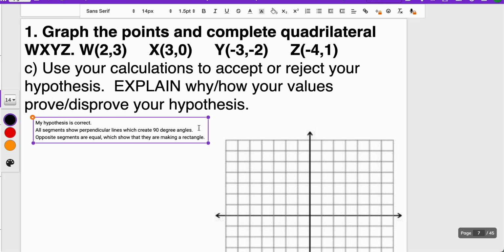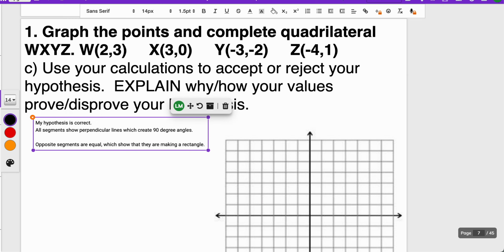And because I have those 90-degree angles, that would be your perpendicular, using that for those sides.